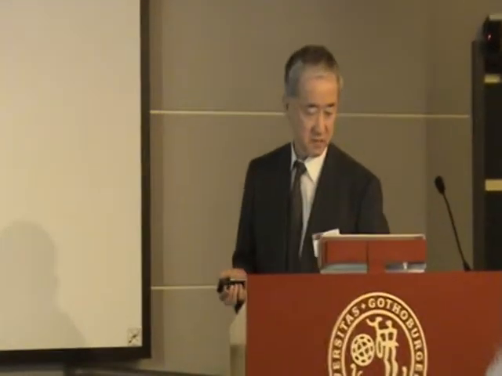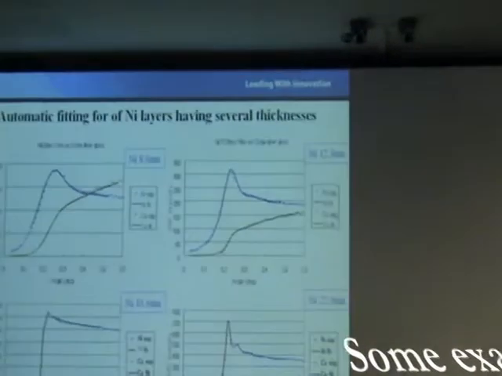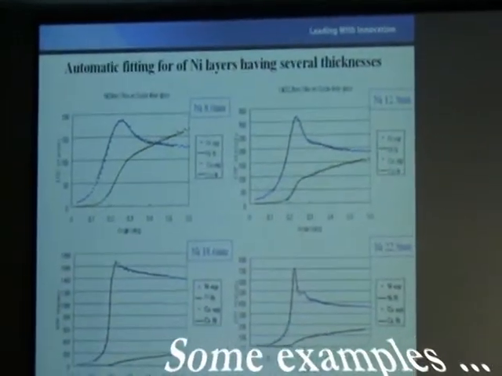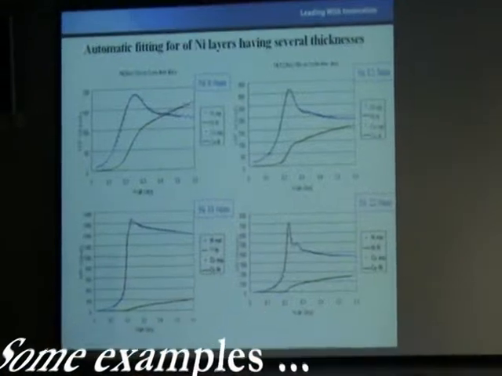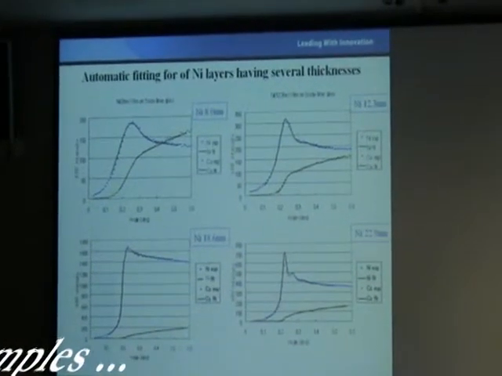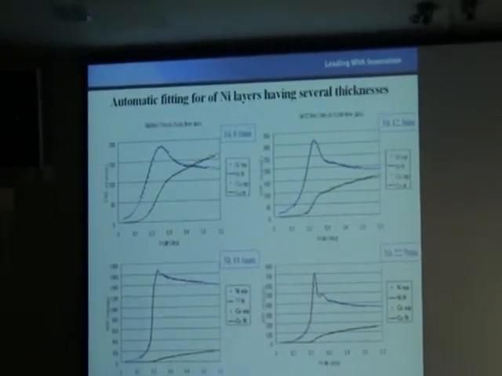We deposit many different thicknesses of nickel. Nickel is very easy to deposit to make a very uniform, clear film, so I selected the element nickel.